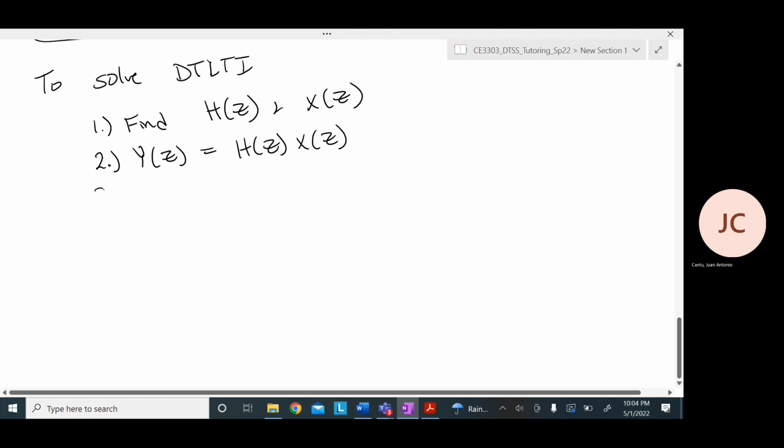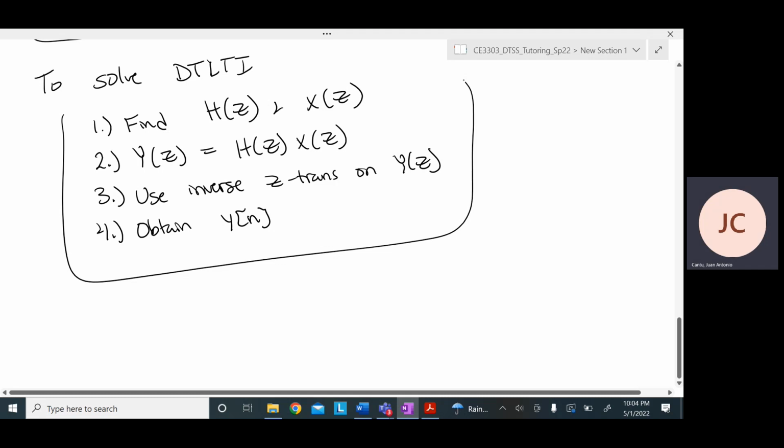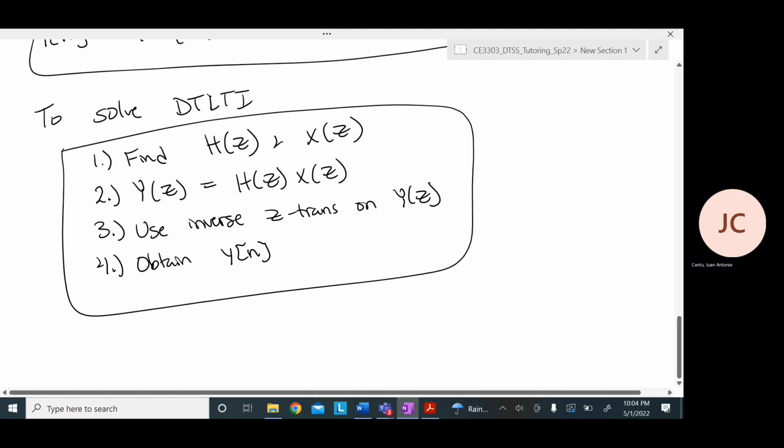Okay. The third step is to use the inverse z transform on Y of z. Lastly, by doing that, you obtain y of n, and you're done. So these are your 4 steps to using the z transform to find the output of your system y of n.